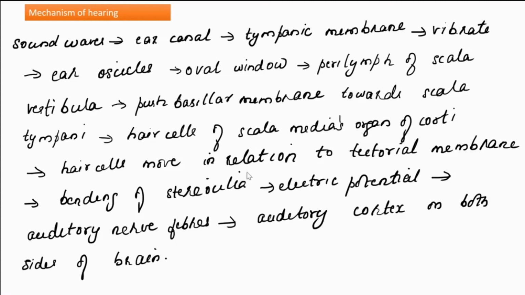That movement in relation to the tectorial membrane results in the bending of stereocilia and creates an electric potential, and that potential is conveyed to the auditory nerve fibers, and from the auditory nerve fibers it reaches the auditory cortex on both sides of the brain. I think you understand that. Okay.